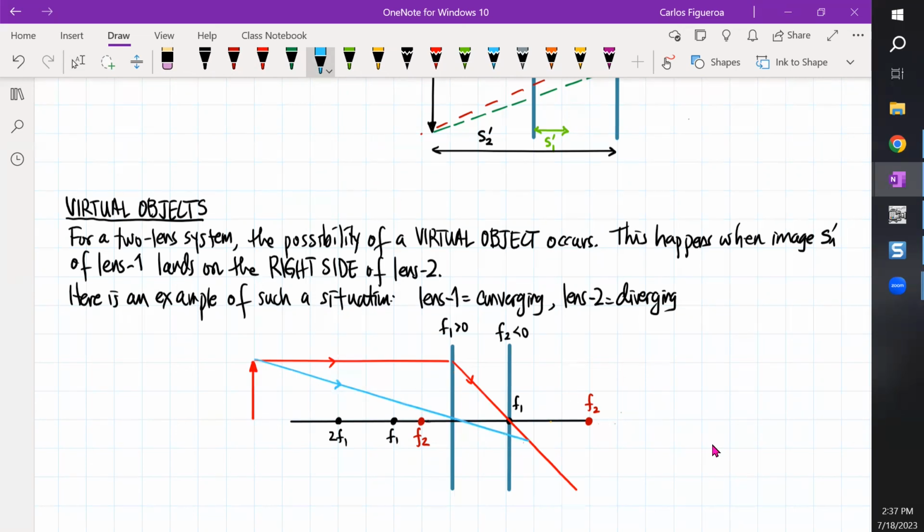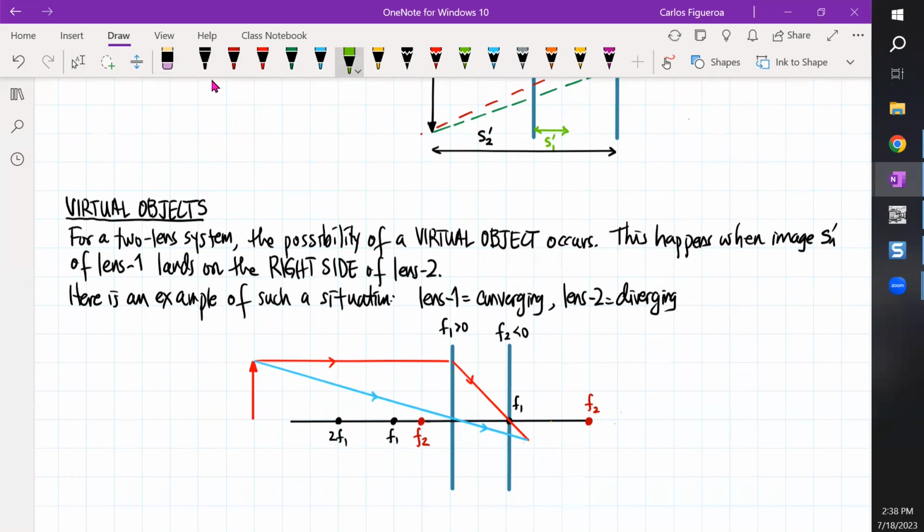Okay. Didn't really go through the center of the lens. Let me try again. I think I drew the exact same ray. So now I'm going to come back and erase this.